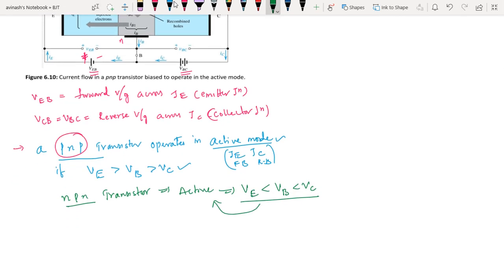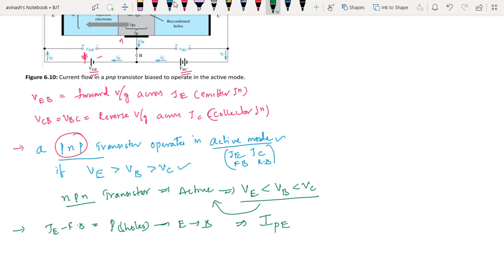Now, when the transistor emitter junction is in forward bias, what is the first region we have? P. In the P region, holes travel from emitter to base, resulting in the current IPE.